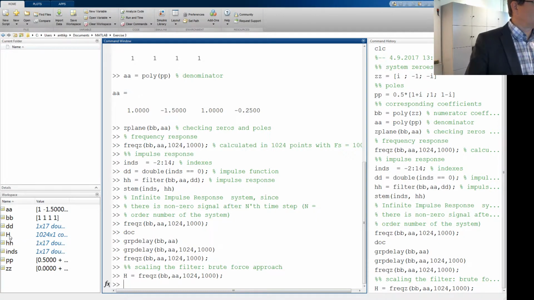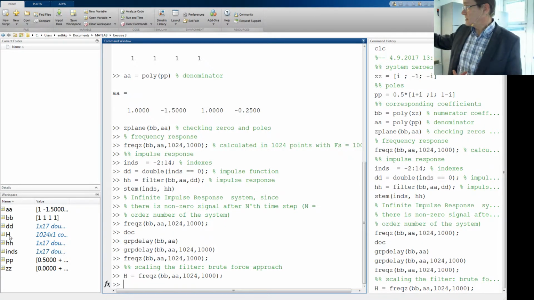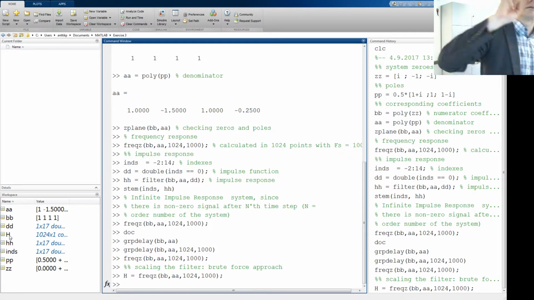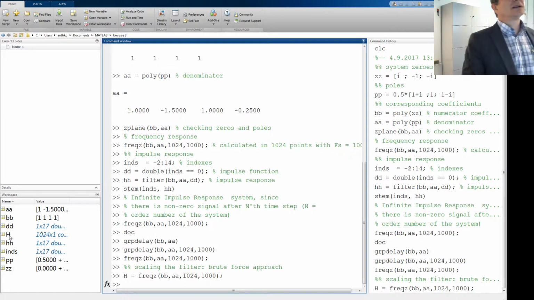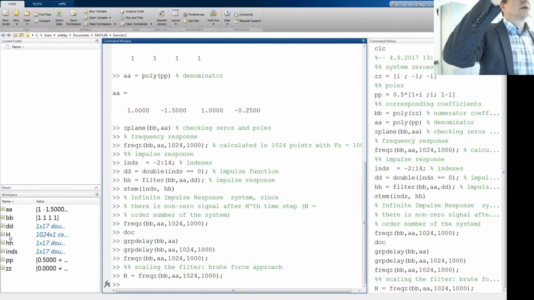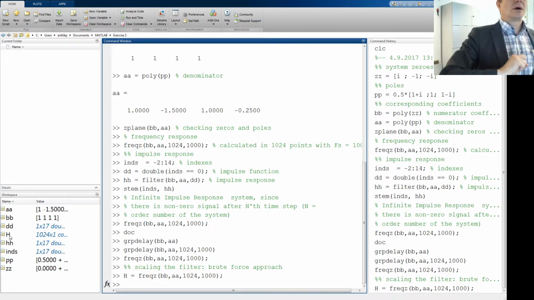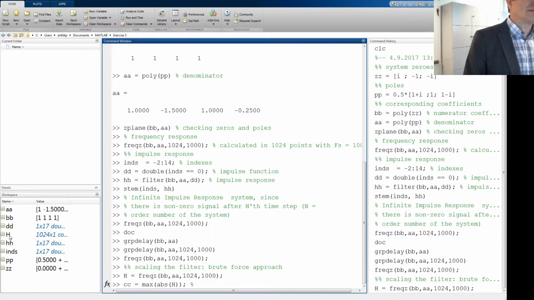So it has the magnitude, and then it has the phase. I could separately plot the amplitude response and the phase response, or I could just do the brute calculation of the maximum of the absolute value, so the maximum of the amplitude response calculated in 1024 points.